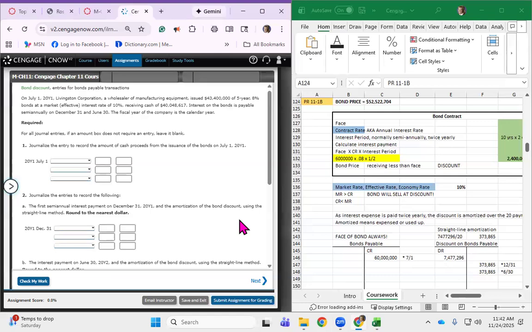Okay, so when you first get to a bond problem, go ahead and write down everything you have been told about a particular bond, and I always put it in a rectangle. The reason I do is everything on that bond is a contract, so it will stay the same no matter what.